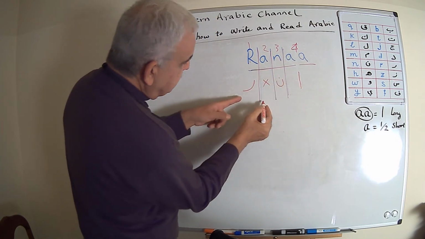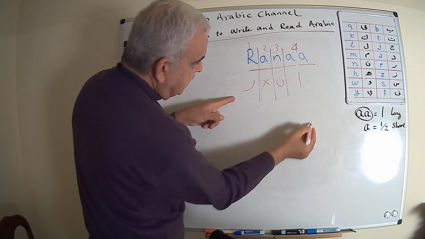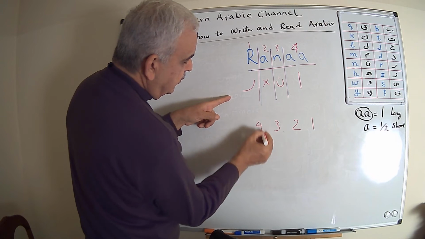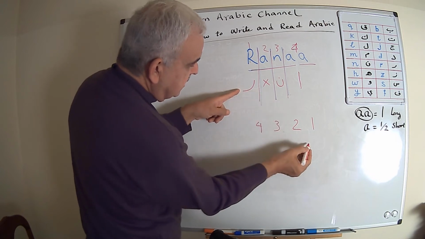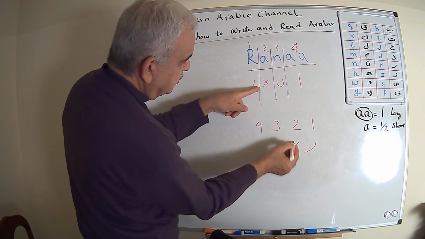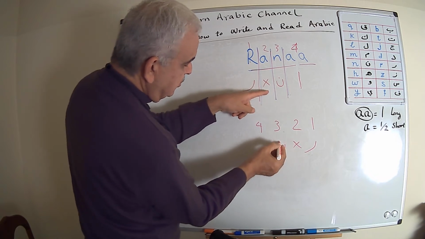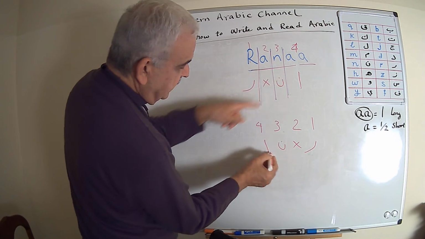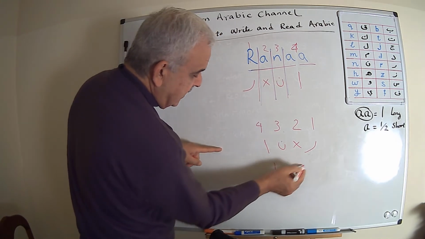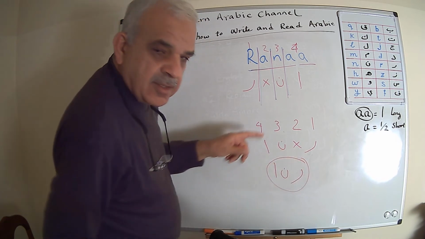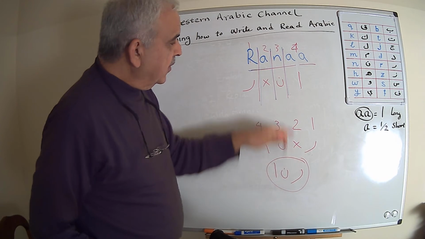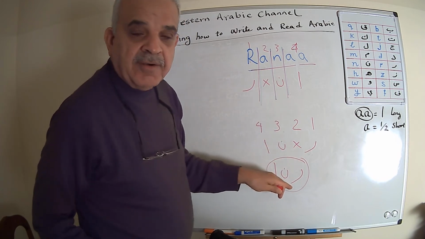Then when you write it in Arabic, it becomes 1, 2, 3, 4, and we replace again. This is Ra, and we don't write the 2. Then this is Noon, and this is Alif. So it is Ra, Na. Those are the letters for the noun Rana.